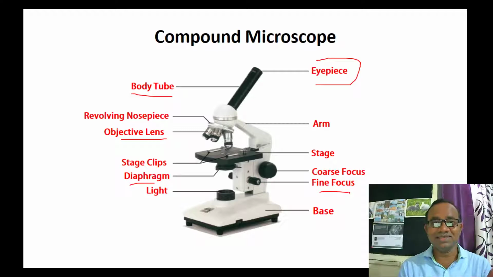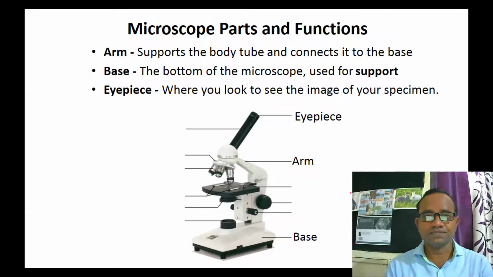So we will see each and every part of the microscope in detail, so that at the end of the class you will know the functions of every part. Basically, talking about its parts, we should consider mostly three parts: arm, base, and eyepiece. These three parts are very important.